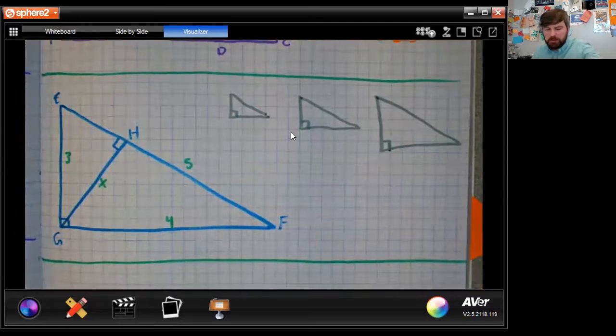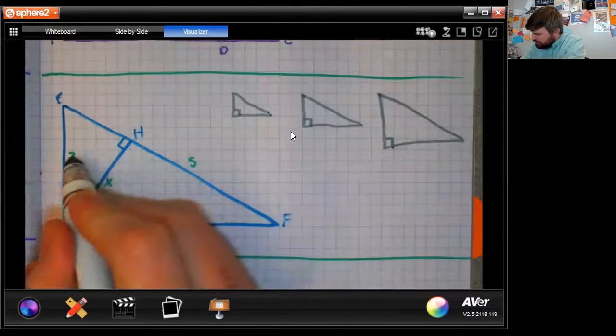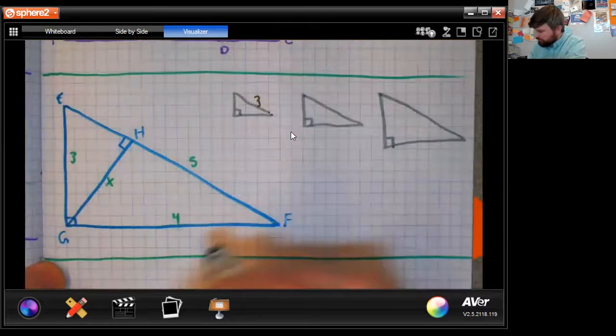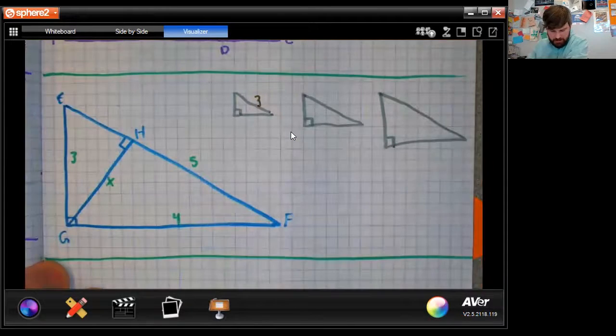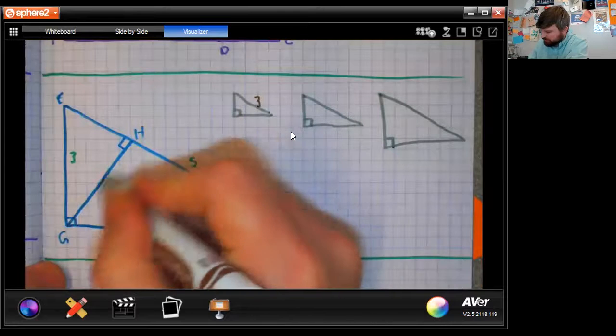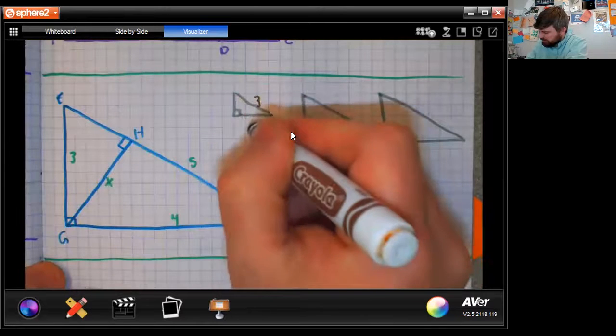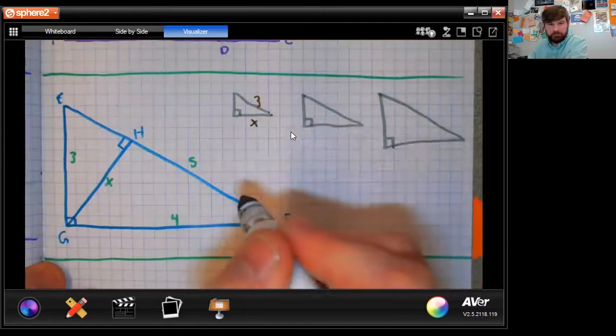Okay, so on these, here's our small triangle. Here's my right angle. So it looks like the hypotenuse is 3. Okay, and the long side here between the hypotenuse and the 90-degree here is X.